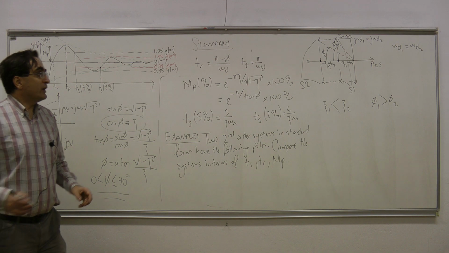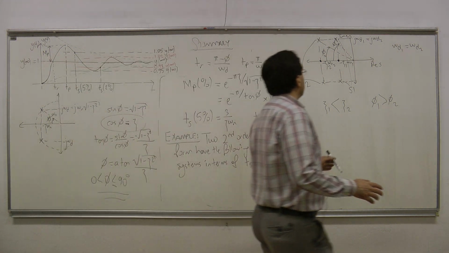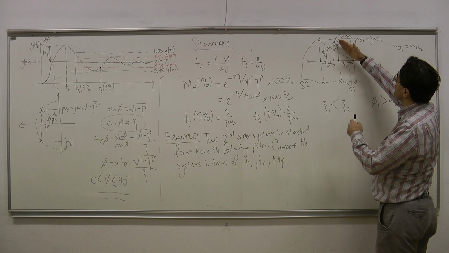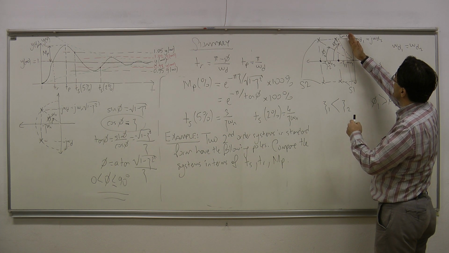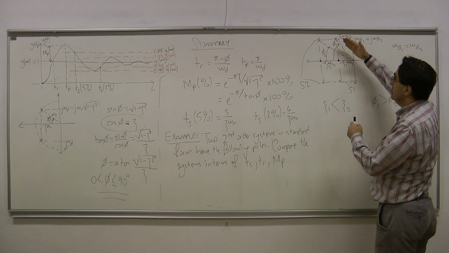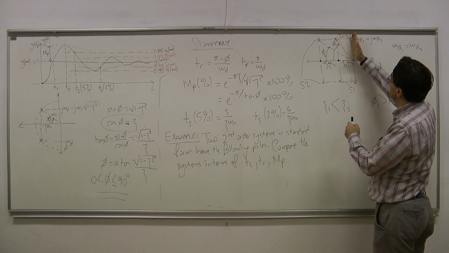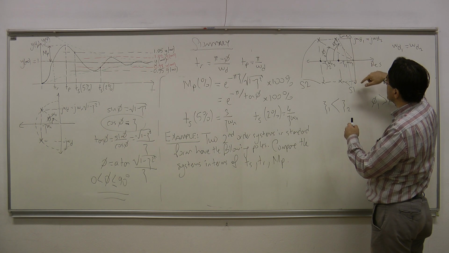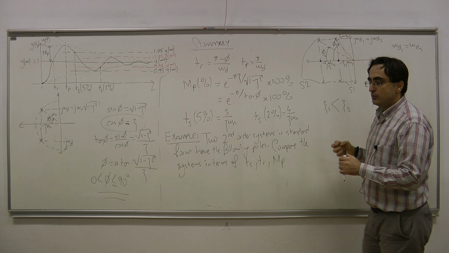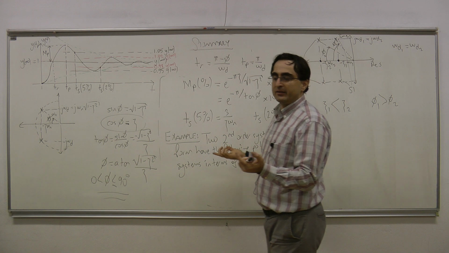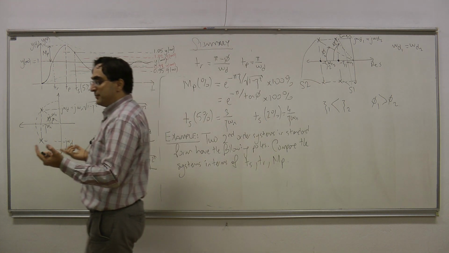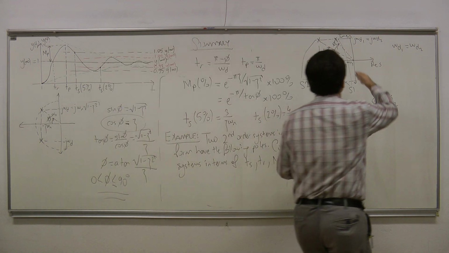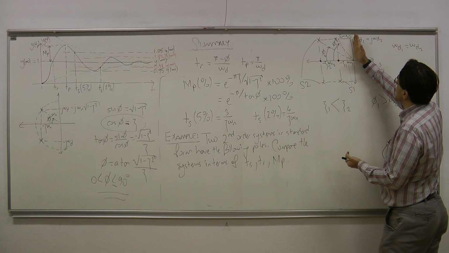Here, you can also reason like this. What would happen to the damping ratio if this angle was 90 degrees? If the angle was 90 degrees, the poles would be exactly on the imaginary axis. And what is the damping ratio then? It is the undamped case, and the damping ratio should be equal to 0 when the angle is 90 degrees.